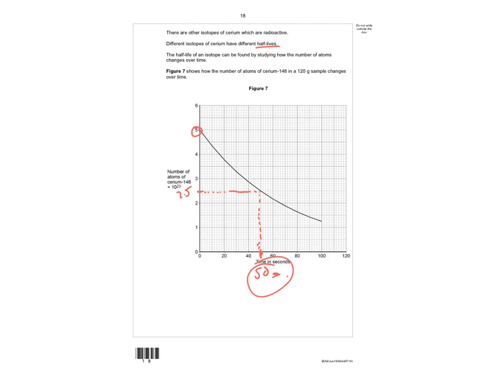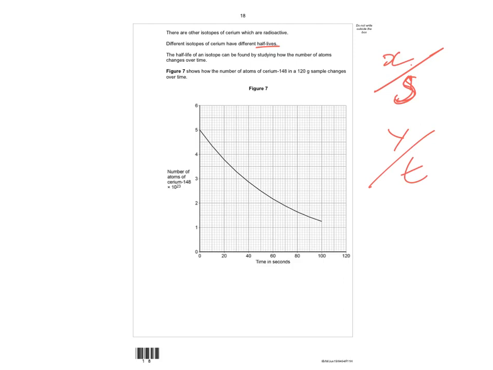Back to the graph now. What is the rate of decay over here? Well, let's get rid of this bit here. I think it said when it was 20 seconds old. So the rate of decay. You know clearly from maths what a rate is: how much something changes, x per second, or a change in y over a particular period of time.